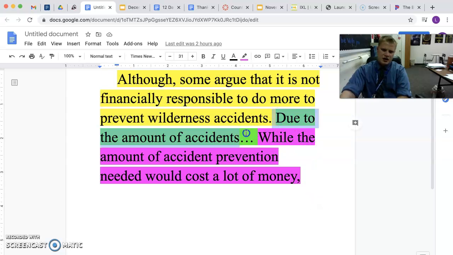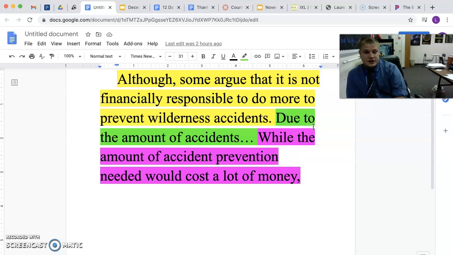So I've got my transition and topic in yellow right here. In green, what's your background information? A lot of you are struggling with this one. You can't assume that your audience knows anything. For example, if you're writing about wilderness accidents, you have to assume that your reader has never left the suburbs. They have been in a very urban environment their entire lives.